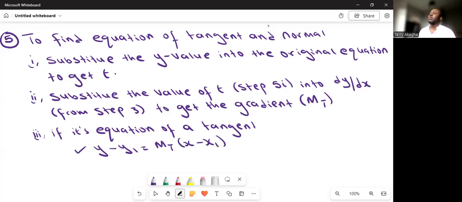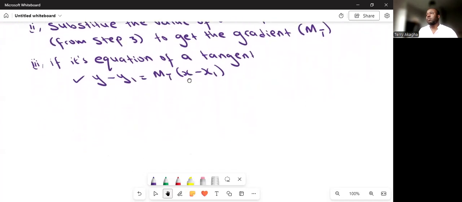So where the mt is the gradient or the slope of tangents. So you've gotten the mt from step 2 already. Is that making sense? Then, or in some cases, you can use y is equal to mtx plus c, okay? So that is it, mtx plus c.